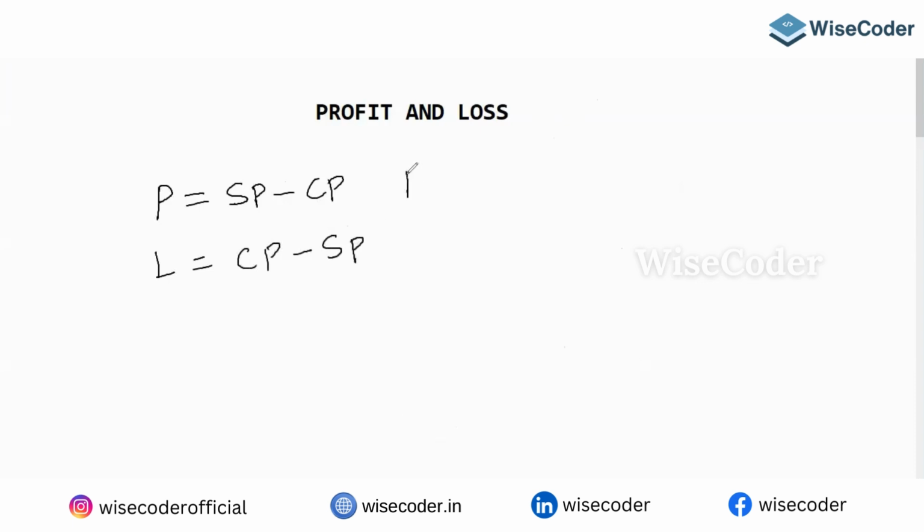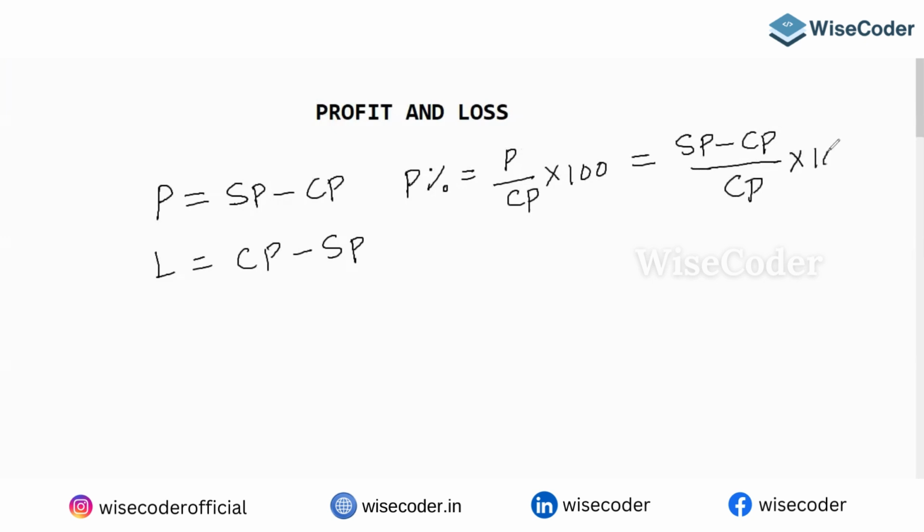Profit percentage: you are comparing profit with cost price into 100. But you can rewrite profit as SP minus CP, so you can write this as SP minus CP by CP into 100.